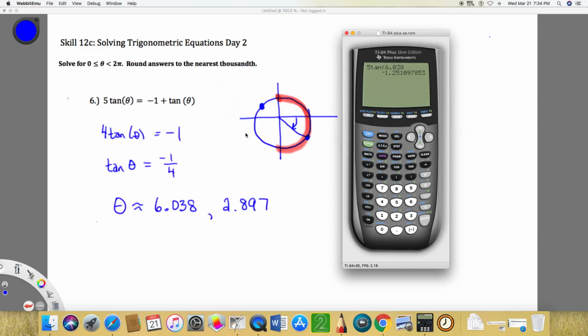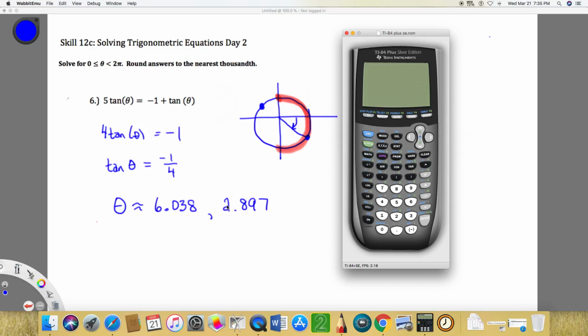All right, now if I check the right-hand side of that equation with the same angle measure, 6.038, it's slightly different, but -1.25, -1.25. And we were expecting these to be a little bit different because we only rounded it to the nearest thousandth. But it looks pretty good.